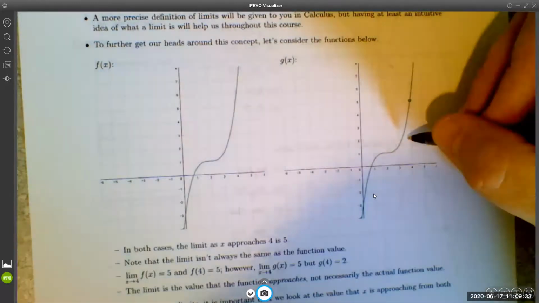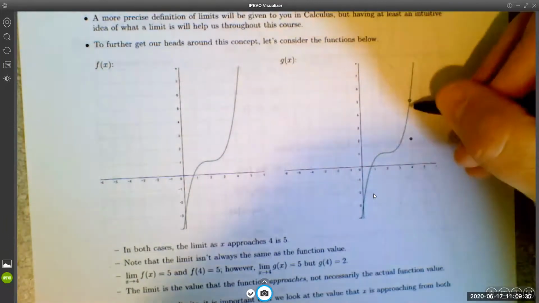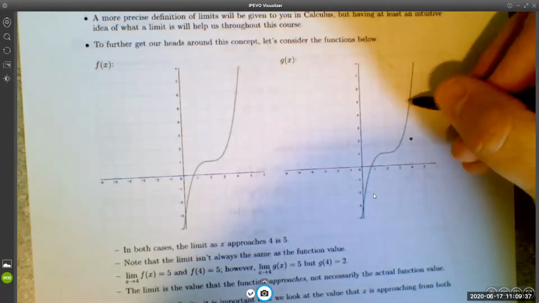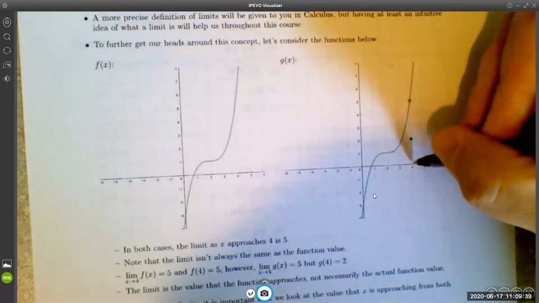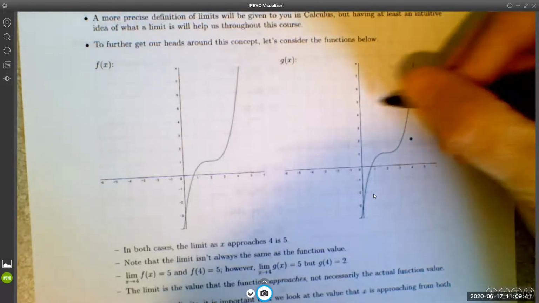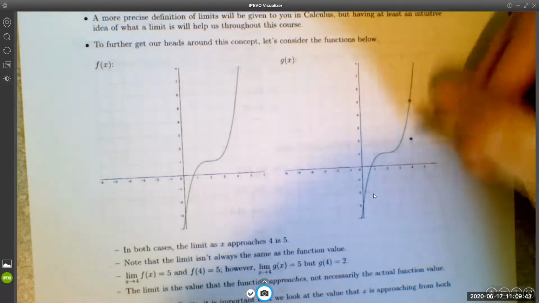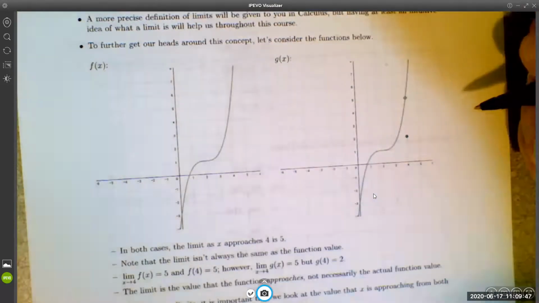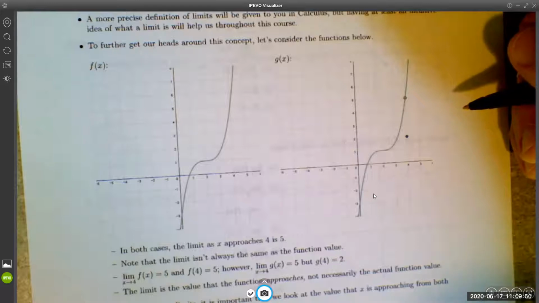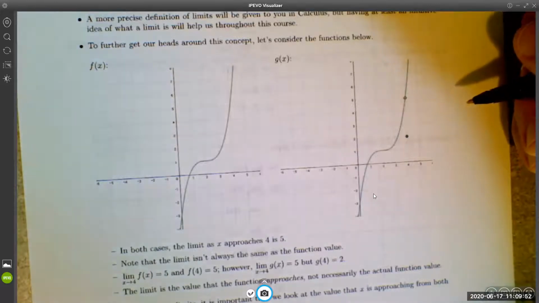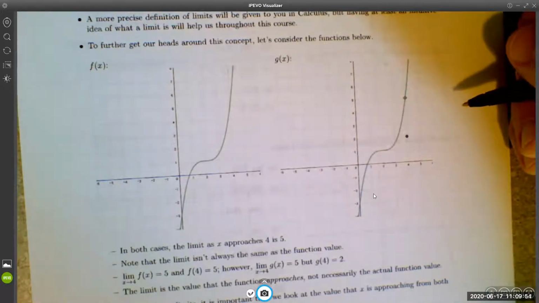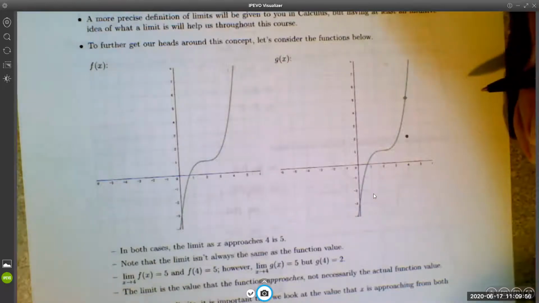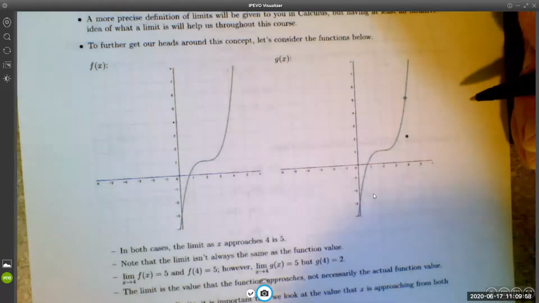Like if you're looking at this function, then you expect the function value to be 5, right? As x approaches 4, you're approaching y equals 5. But that's not what the function value actually is, right? So the idea behind the limit is what value are we getting closer and closer to, not what is the actual function value.